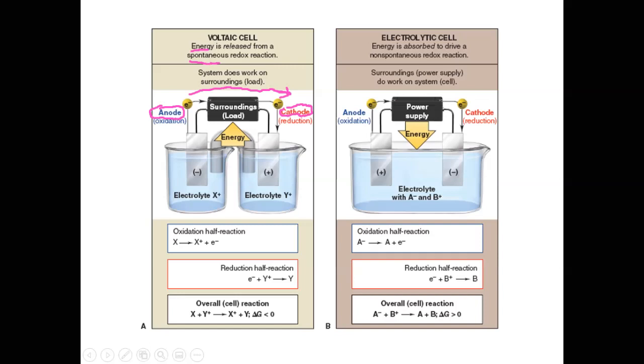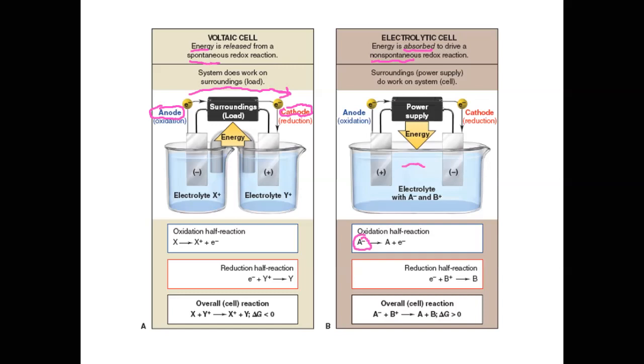Now, in electrolytic cells, energy is absorbed, and it's a non-spontaneous reaction. So you have to input power for the reaction to occur. Typically you have oxidation at the anode. Typically this is an anion, like A-, that loses an electron and becomes A. And then the cathode is where reduction occurs.